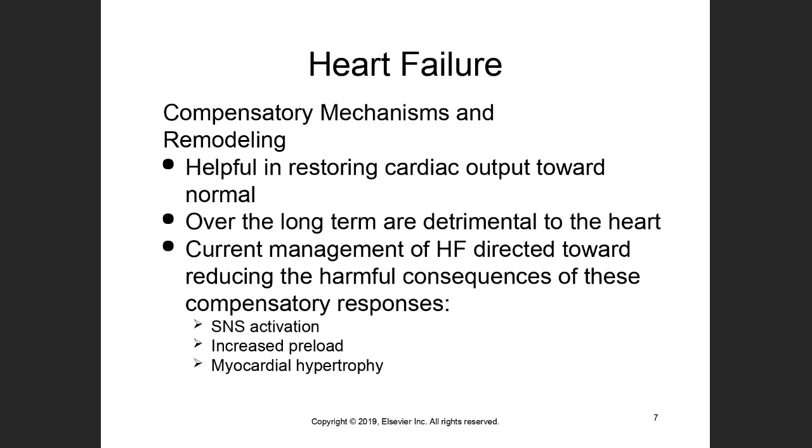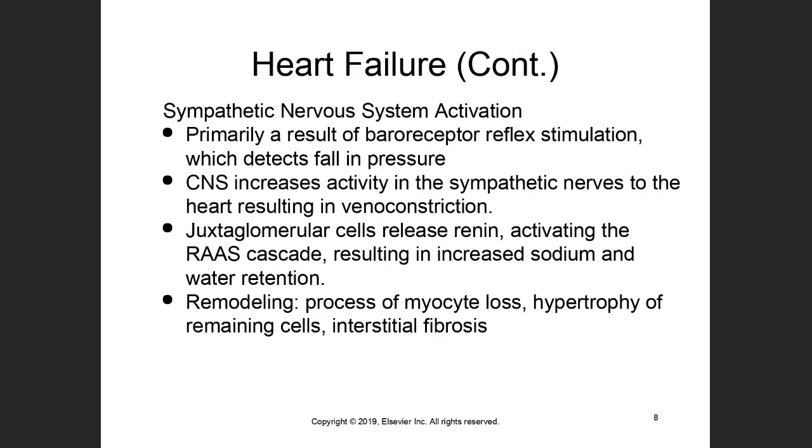And the compensatory mechanisms are central nervous system activation, increased preload, and myocardial hypertrophy. And here we have the sympathetic nervous system activation, primarily as a result of the baroreceptor reflex. The sympathetic nervous system increases activity to the heart, resulting in venous contraction.